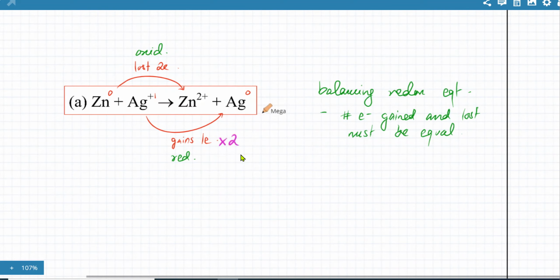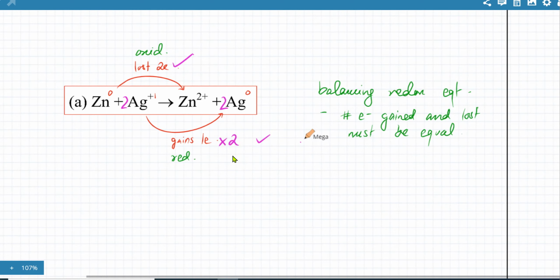silver by 2. Sorry, not zinc, silver. If I have 2 silvers, then the number of electrons gained becomes 2 as well. So now the number of electrons lost and the number of electrons gained have become equal. Is this clear to everyone? Yes.